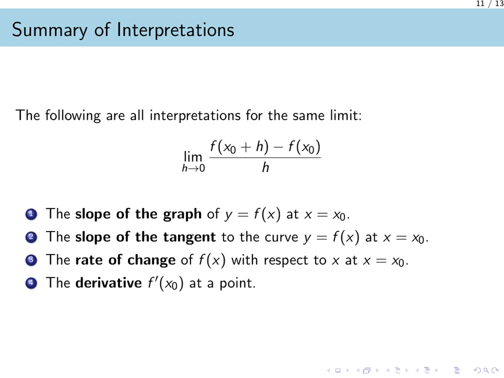For example, for a position function, this is the instantaneous velocity at a specific moment. Finally, we give this important limit its own formal name and notation: the derivative, written as f prime of x0. The essential takeaway is that slope, tangent, rate of change, and derivative at a point are all just different names for this single, powerful concept.